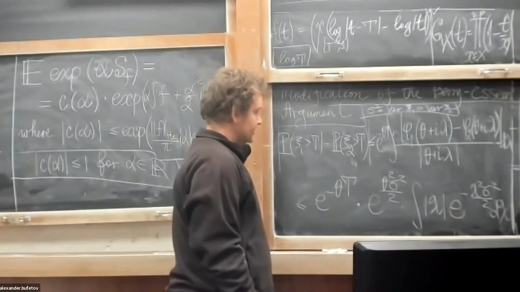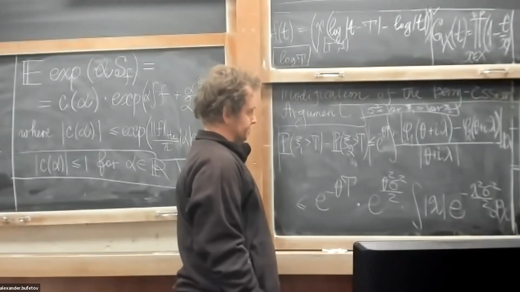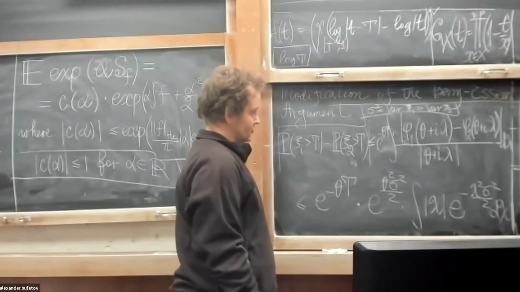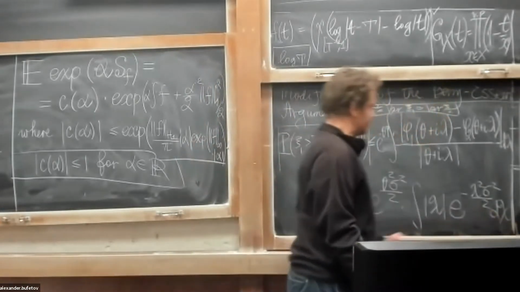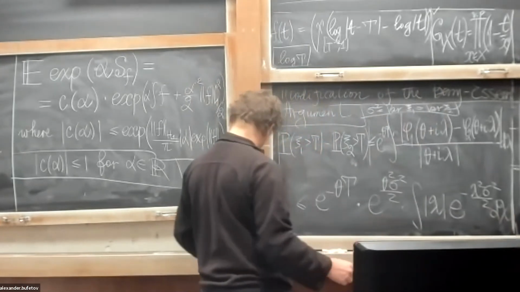Which will give to me contribution sigma square, because there is one sigma coming from here and one sigma coming from here. So the difference becomes sigma square.